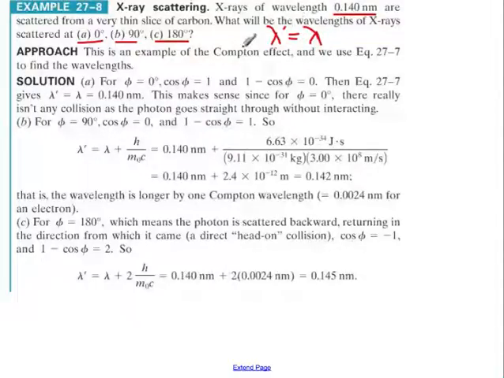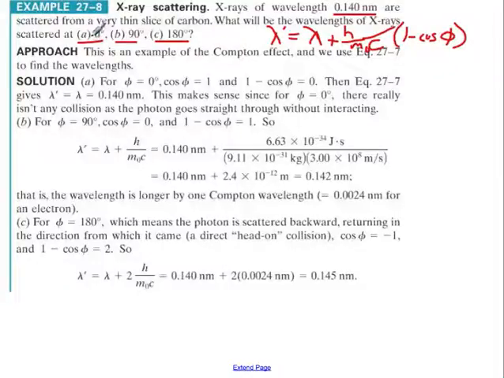So the new wavelength is the old wavelength plus, and he used relativity, which we're not going to do to come up with this, Planck's constant, the mass, speed of light on the bottom, and then here's the angle part, 1 minus the cosine of phi. Phi is the scattering angle, whatever angle you shot them at, how they impacted and stuff, okay?